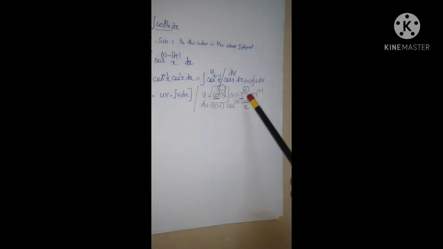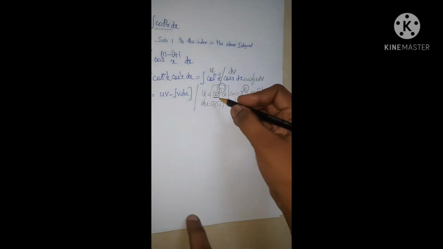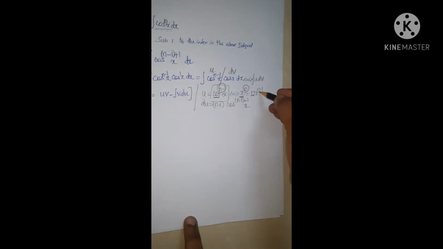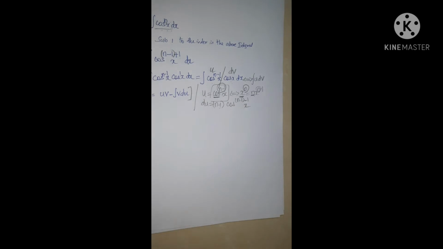Just compare the standard formula with the function I have to differentiate: in the place of x I have cos, in the place of the power n I have n minus 1. So purely substitute into nx power n minus 1: the n value is n minus 1, in the place of x the function is cos x, and the power is n minus 1 in bracket minus 1.